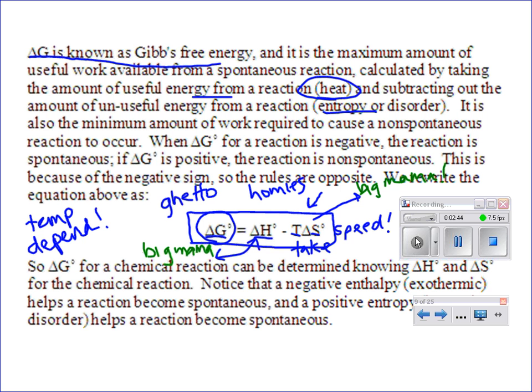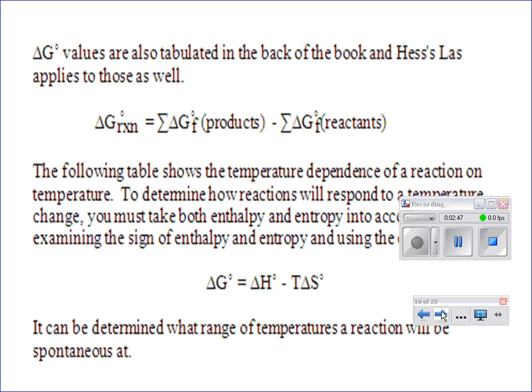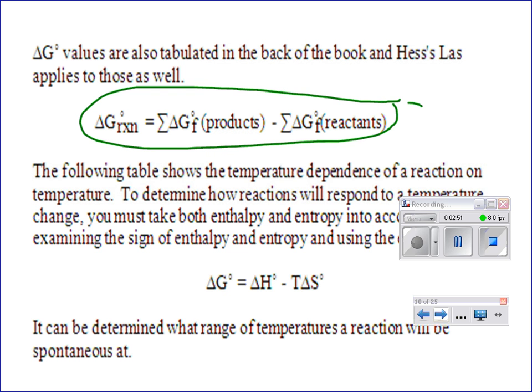Now, one thing about Big Mama, if you look at your next page, you can apply Big Mama to delta G, but this is only when? At 25 degrees Celsius or 298 K. If you're at 25 degrees Celsius, you can use the tables and find delta G using Big Mama. So just know that that's an option.